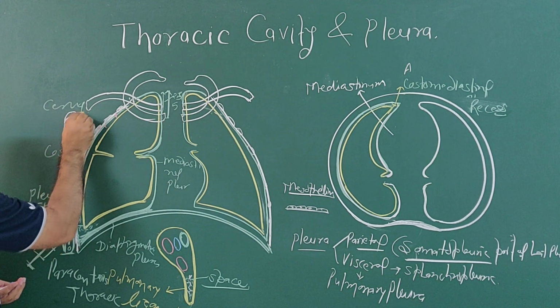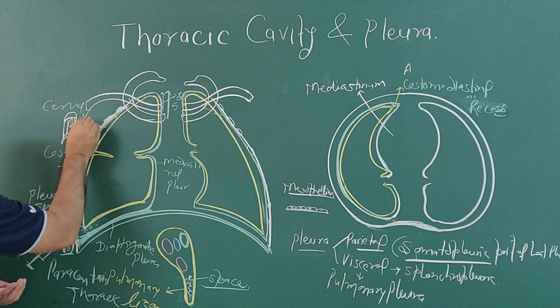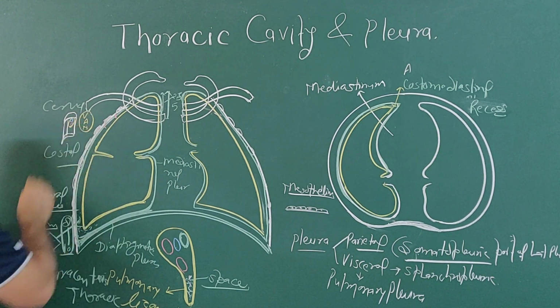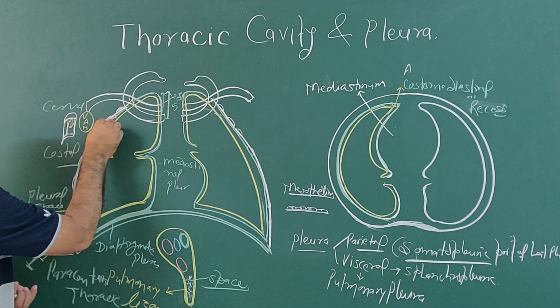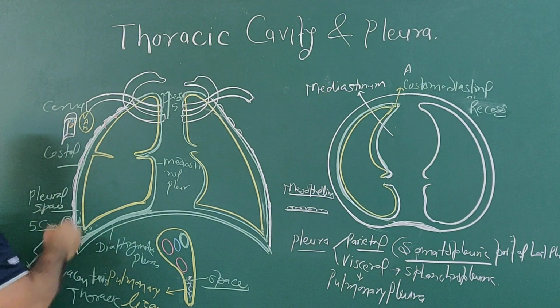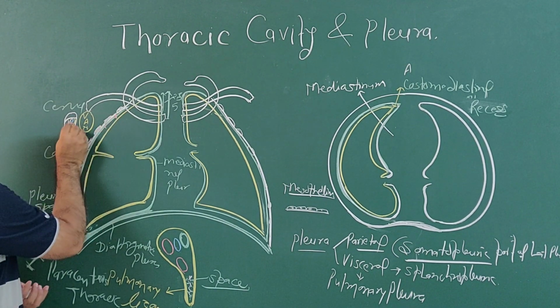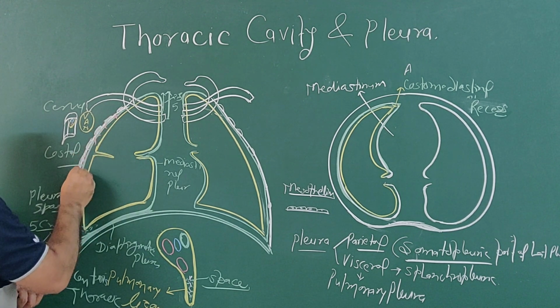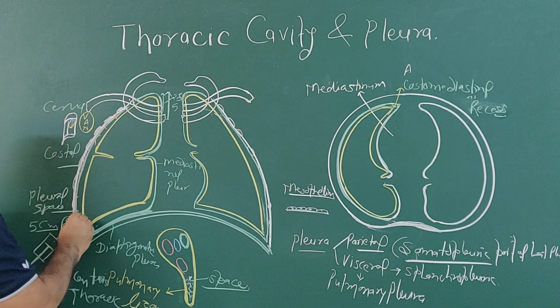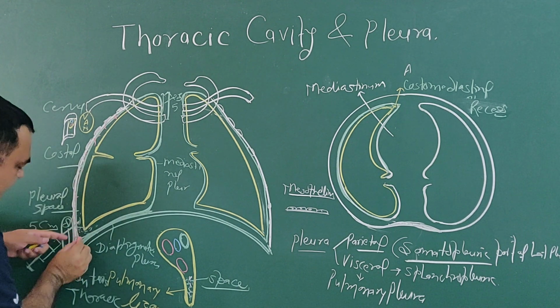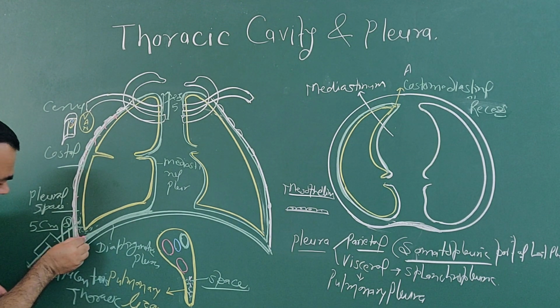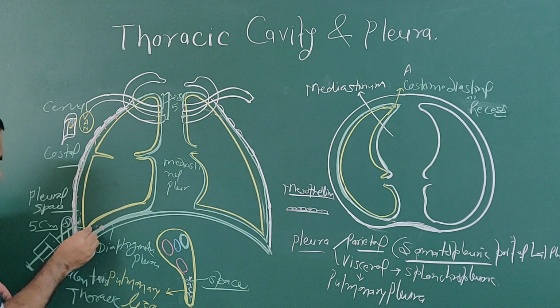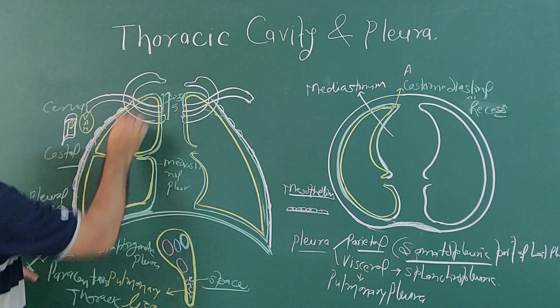So this intercostal artery gives supply to this parietal pleura, and also gives supply to the peripheral part of this diaphragmatic pleura.